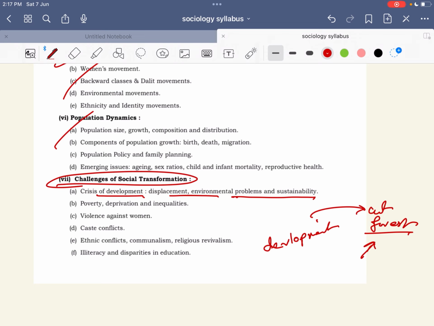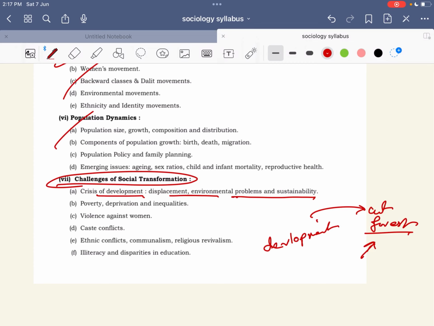So that we are going to study, because ultimately you as a civil servant, when you are serving in the government, and if you are very lucky and the government has given you an opportunity in the future, let's say you are an officer there, and this development project has to be done, and for that you have to cut this forest or that, then how can you deal with that in society?